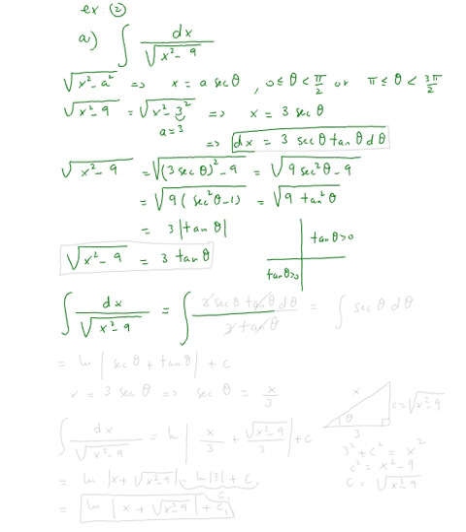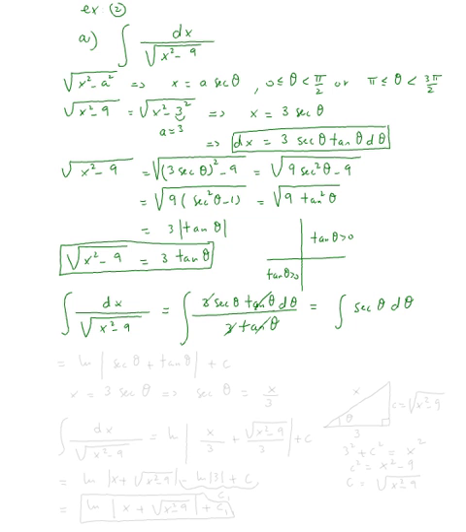This is my dx, which is 3 secant theta tangent theta d theta, and the square root of x squared minus 9 is right here, which is equal to 3 tangent theta. Now simplifying the tangent theta and 3, this is going to be equal to the integral of secant theta d theta.